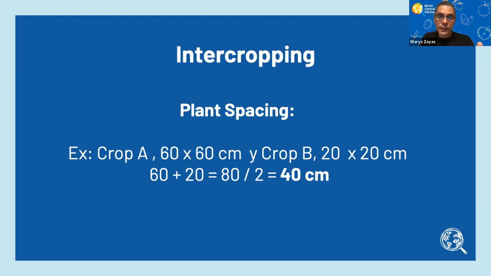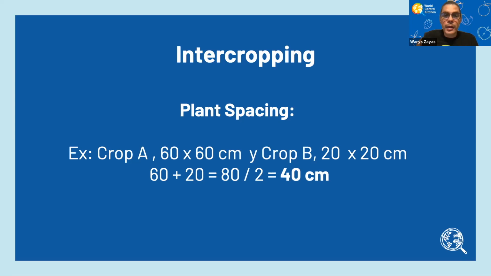So if your crop's plant spacing is 24 inches by 24 inches, for rows and plants within the rows, and the crop you want to associate with in the same rows has a spacing of 20 by 20, you make an average.